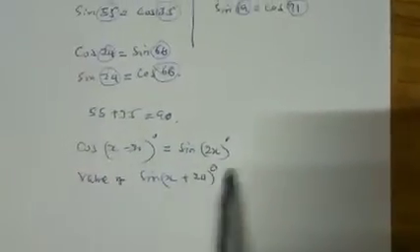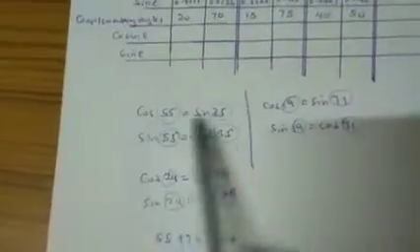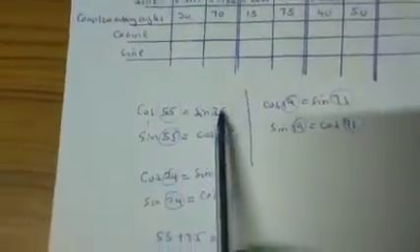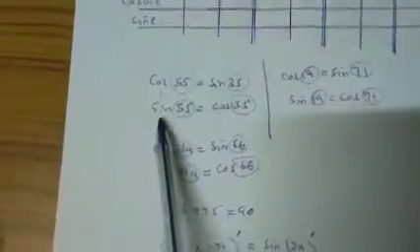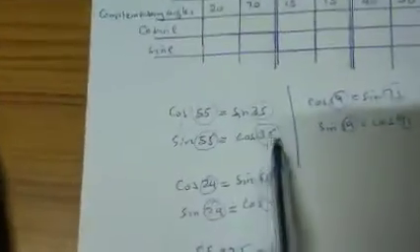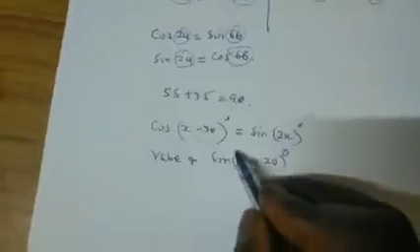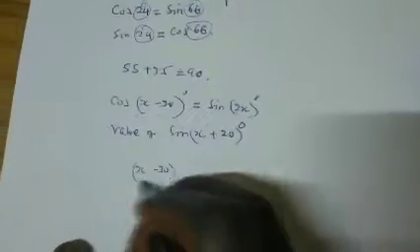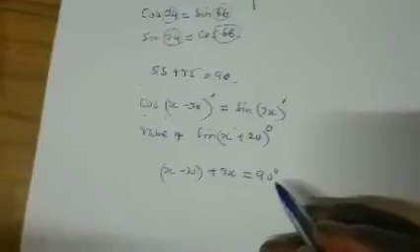So this case will bring us back to what we are learning here, that if the cos of an angle is equal to the sine of another angle, then the two angles must add up to 90 degrees. If the sine of another angle is equal to the cos of another angle, then the two angles should add up to 90 degrees. Therefore, if cos of 3x minus 30 is equal to sine of 2x, then 3x minus 30 plus 2x should give us 90 degrees.